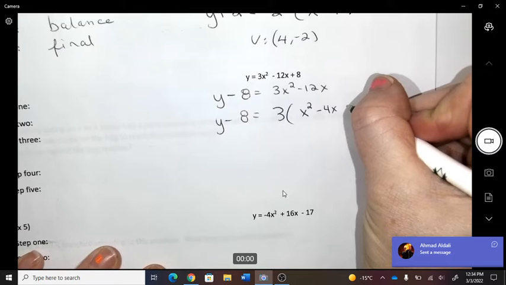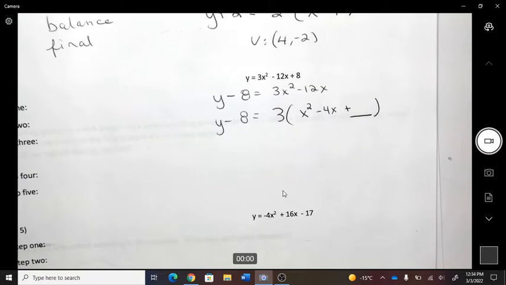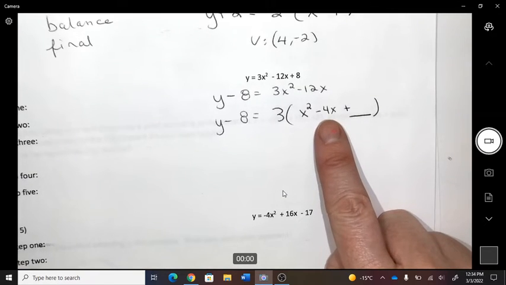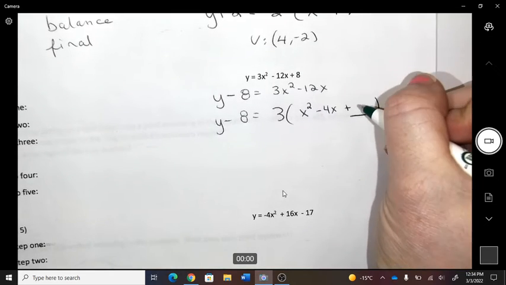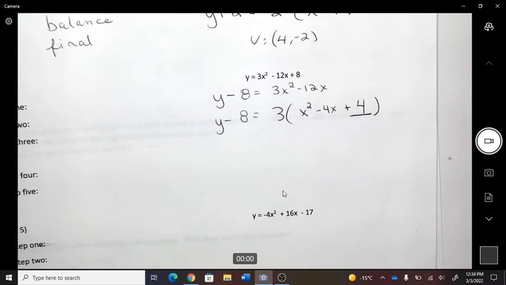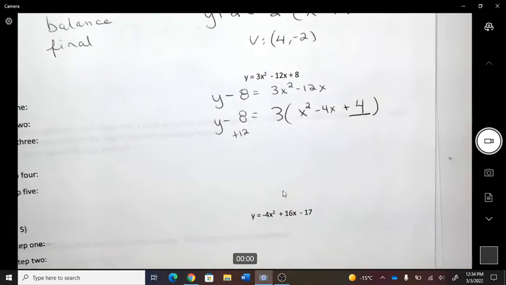Okay, now I'm going to finish the trinomial with my number. So half of this squared. Did you get a 4? Okay, what number should I put onto the other side to balance it back out? 12.